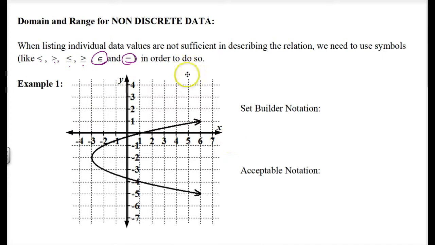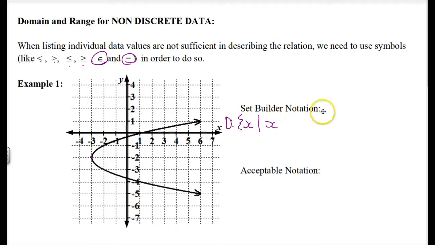Example 1. Set builder notation is acceptable. So the full meal deal. The domain is the set of all x such that, vertical line means such that, x, well what about x? X is greater than, this is the smallest value for x, is -3.